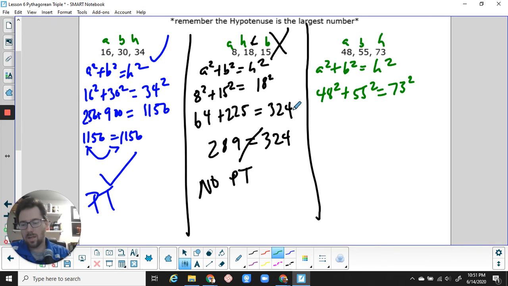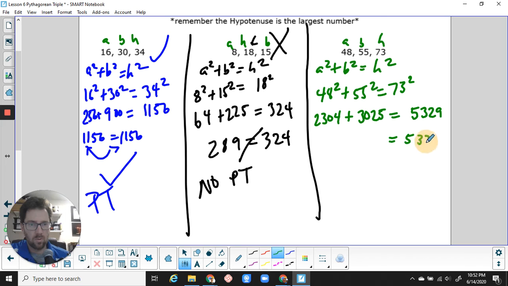So let's look at that. 48 times 48 equals 2,304, plus 55 squared, 3,025, equals 73 squared, 5,329.